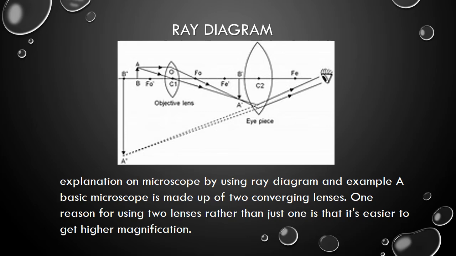This lens will form the image of object AB within the focal point of the second lens. That lens is called the eyepiece. This eyepiece will form the magnified, enlarged second image, which we call I2. This larger image I2 is formed outside the focal point of the objective lens.